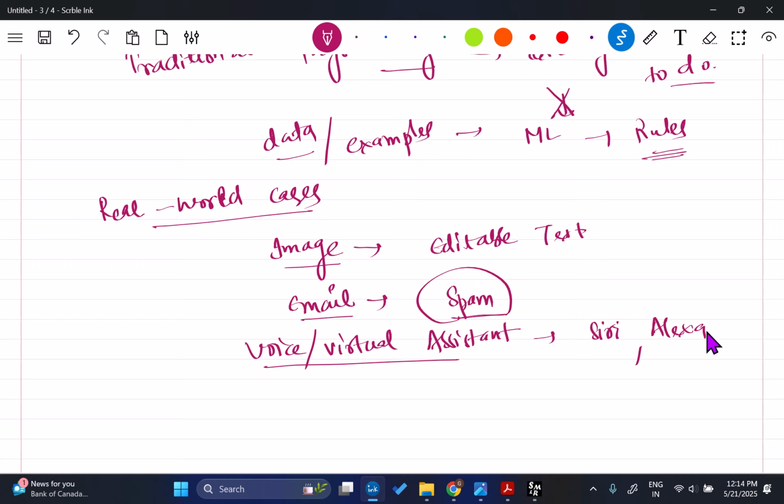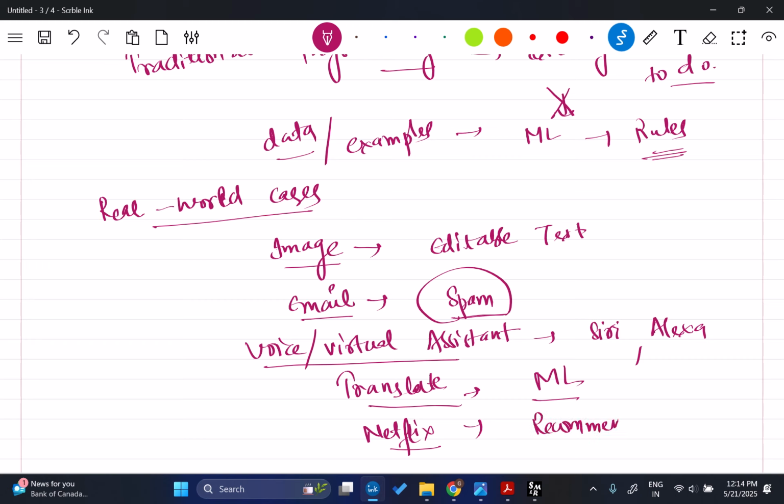You might have used applications which translate between different languages, which is also an ML application. You might have used Netflix or Amazon Prime, video streaming apps, which provide recommendations to watch in the future based on what you have watched in the past.